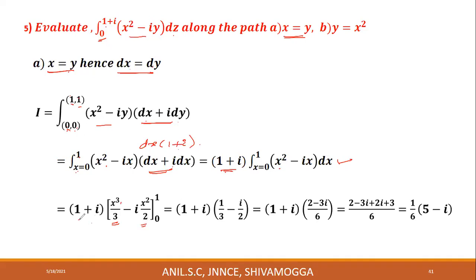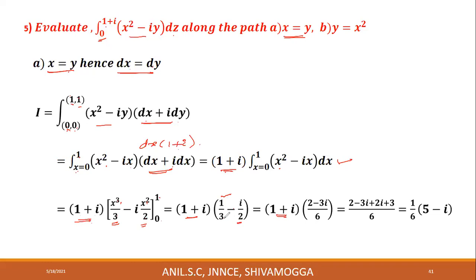This is equal to 1 plus i into, apply upper limit, you get 1 by 3 and lower limit is 0. Therefore, 1 by 3 minus, apply upper limit, you get 1 by 2 into i is i by 2, and lower limit is 0. Therefore, this is equal to 1 plus i into 1 by 3 minus i by 2.